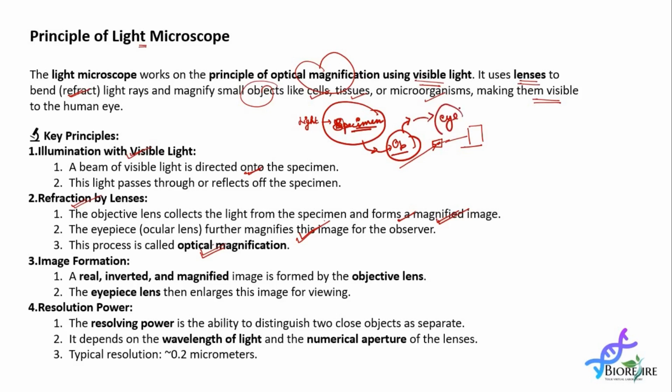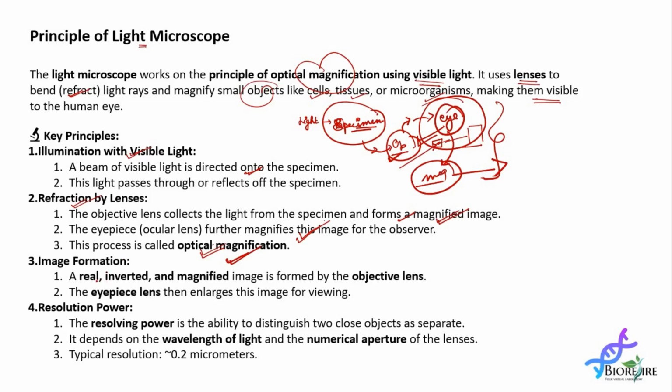The eyepiece lens again magnifies this image, and now a person can easily visualize the object. This complete process is known as optical magnification. First the objective lens magnifies the image, then the eyepiece lens magnifies it further, and with its help we easily visualize the biological specimen.